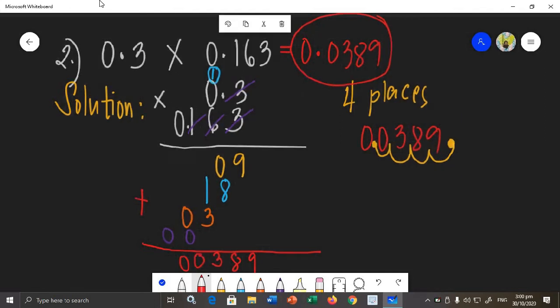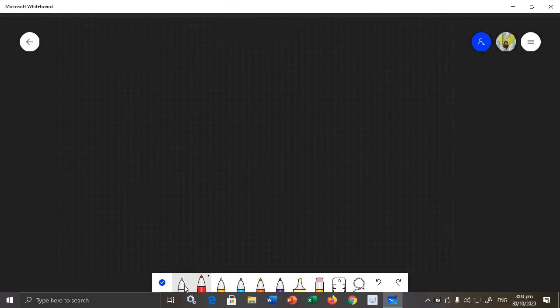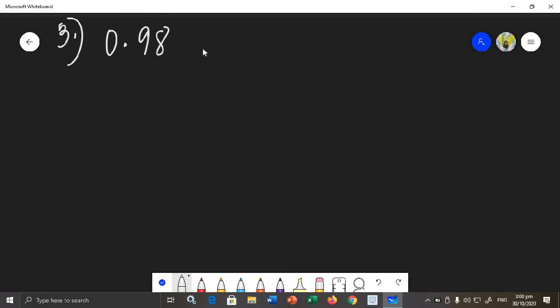How about if the given is a decimal number and then the other one is a whole number? So let's say we have 0.98 times 16. Yeah, let's say we have that. So again, same as the rule that I said a while ago, we should write this in vertical form.